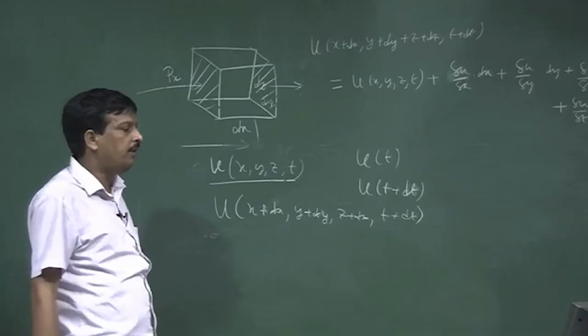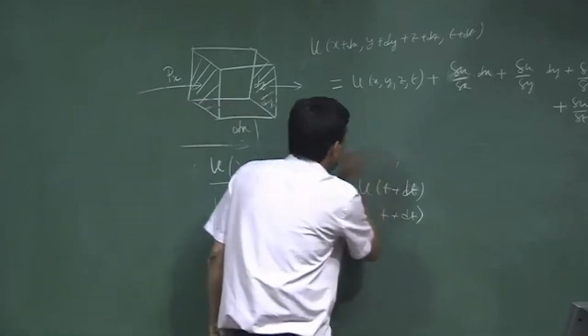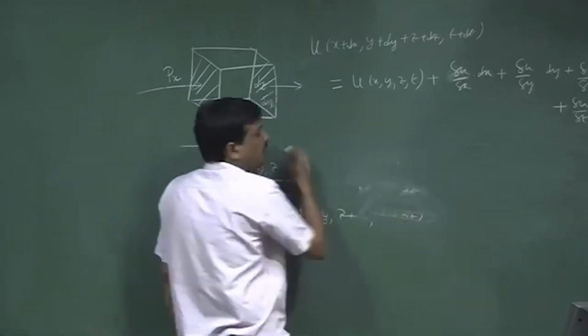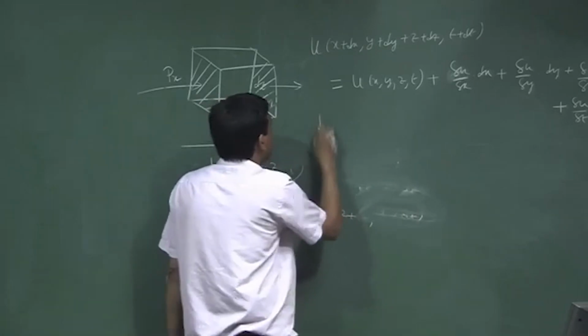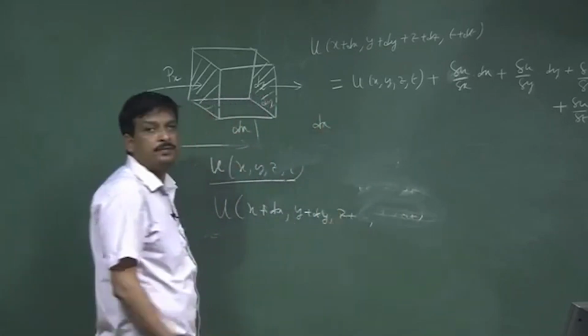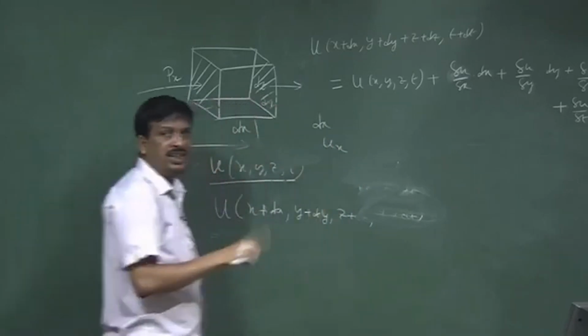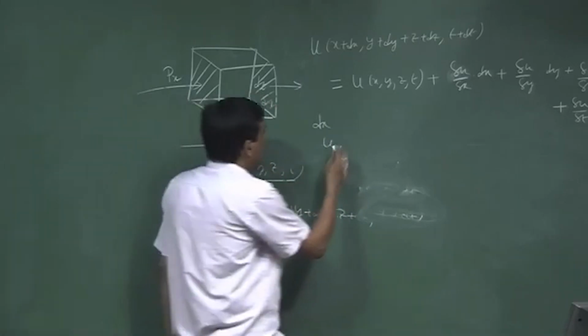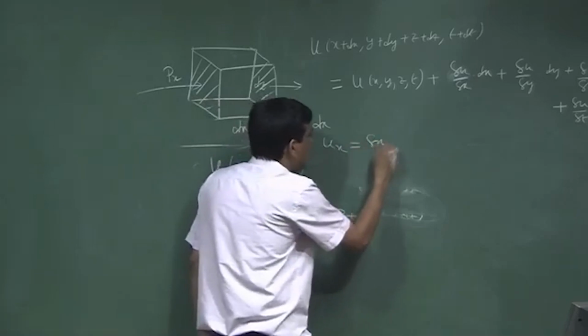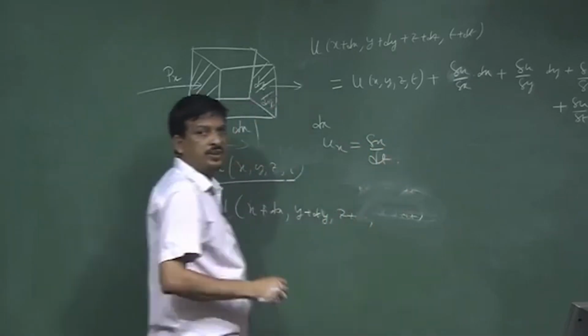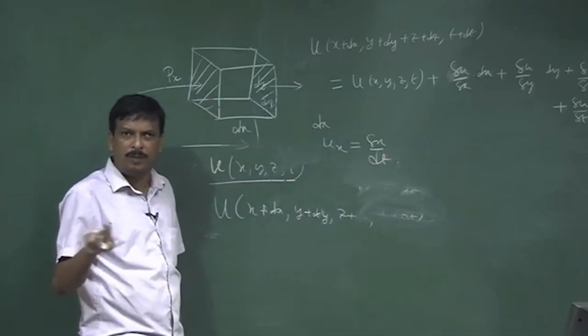Now if you see in this equation, what is dx? ux is the velocity in the x direction. So ux is nothing but dx by dt, the change of displacement per time.